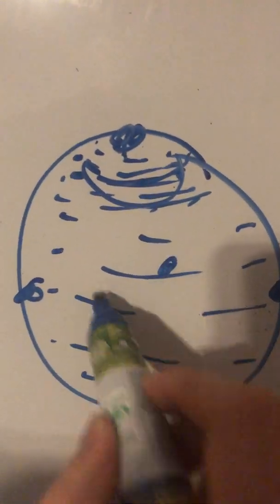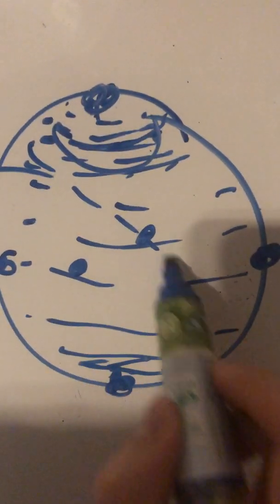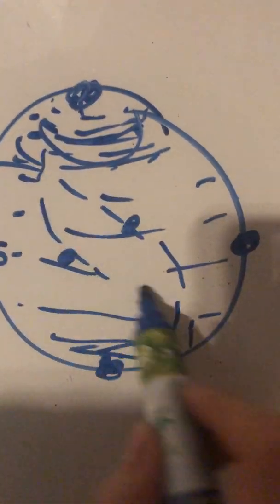Just because these are poles, it seems like that should be correct. But that's arbitrary. The poles could have been here, or they could have been here, if you just consider this a 3D sphere and this like the back of the sphere.